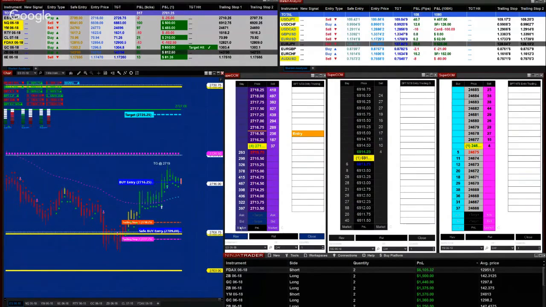Trying to make one more trade before 12. Let's see if we can do that. A little pullback.